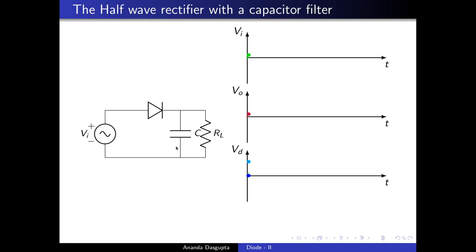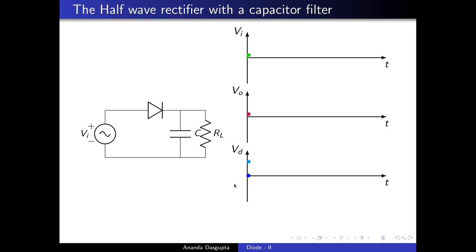So a rather large current, this is why the cyan dot is up here, flows through the diode and ultimately lands up mostly in the capacitor. Also, of course, there will be a part flowing to the resistance as well. The diode is forward biased, so no voltage drop.